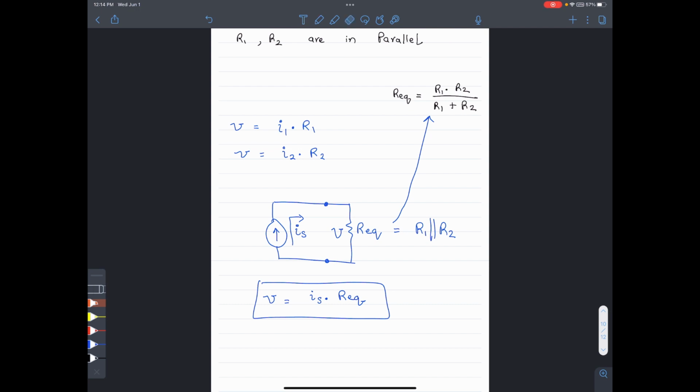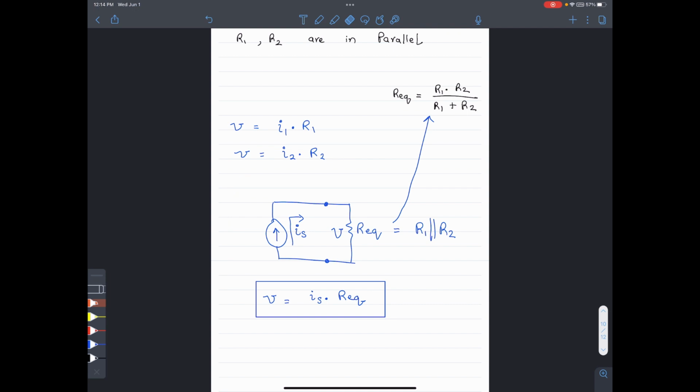Let's see if we can use these results. In place of V over here and over here, I'm going to replace it with Is times R equivalent.